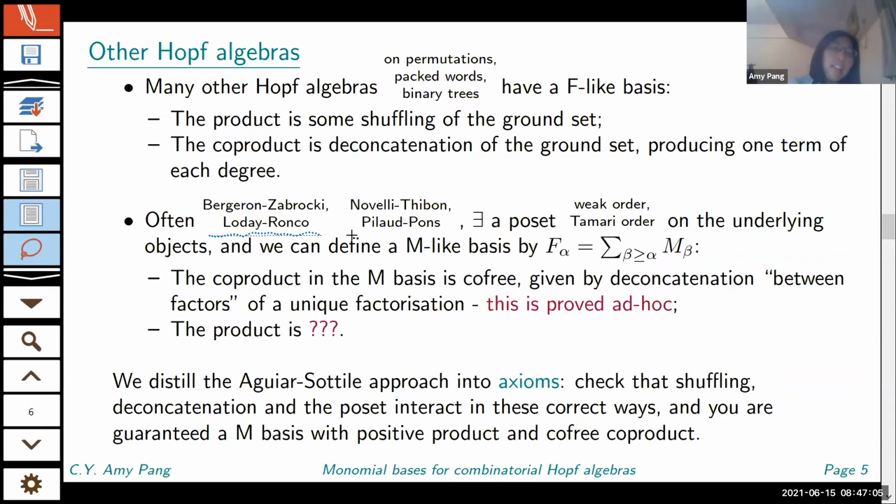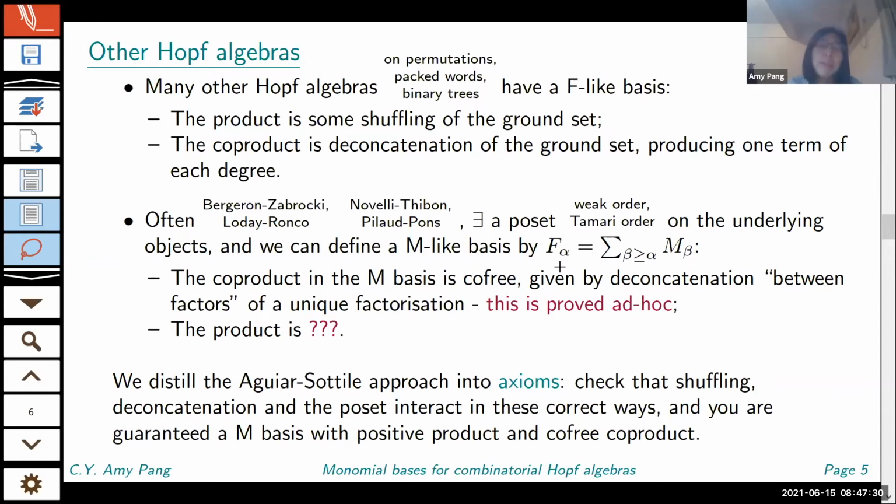And a lot of people, in their Hopf algebras, have defined a poset on the combinatorial objects, and then defined a monomial basis using that poset, in the familiar relationship between fundamentals and monomials.